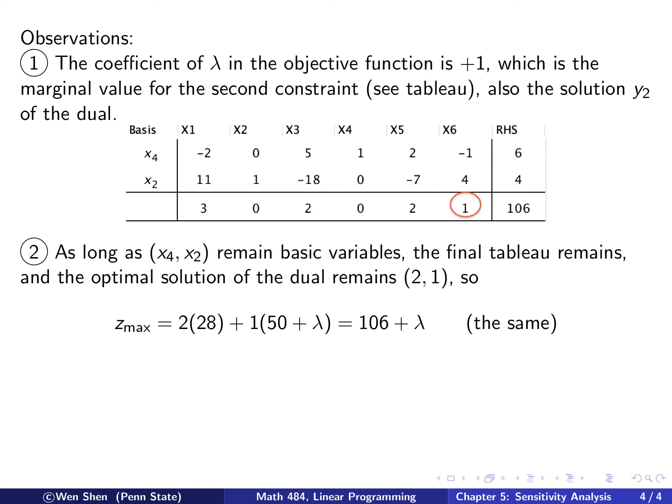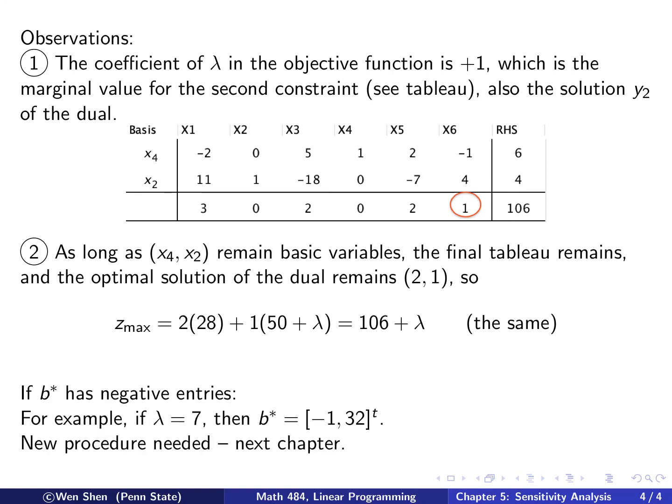So I can take y star, which is 2, 1, dot product the coefficient for that objective function, which is 28 and 50 plus lambda. If we work this out, we find the constant term is 106, plus the lambda. Note that this is the same as the one we obtained by dealing with the original problem, not the dual. So the dual gives us the same thing.